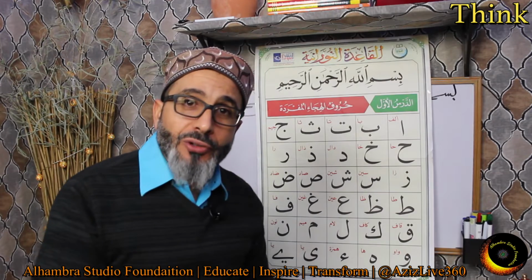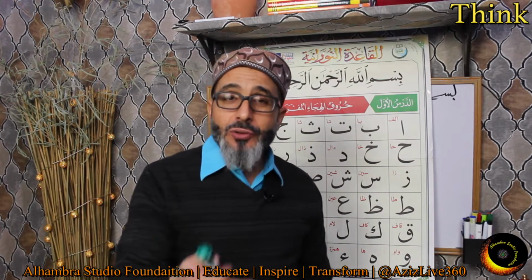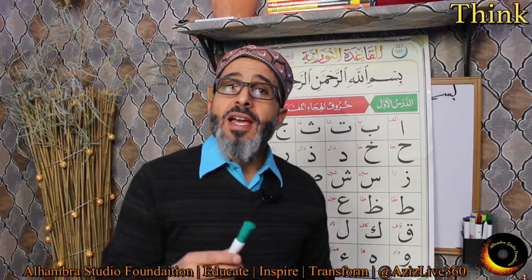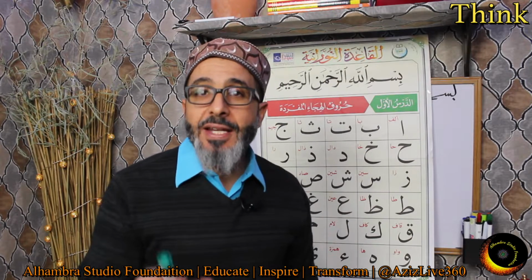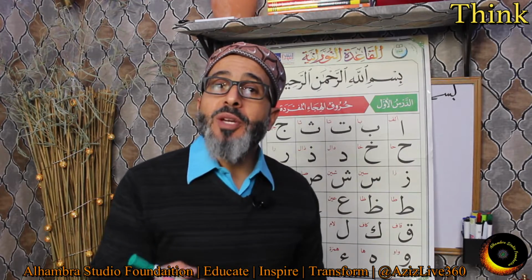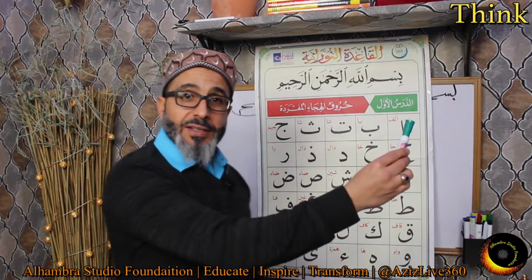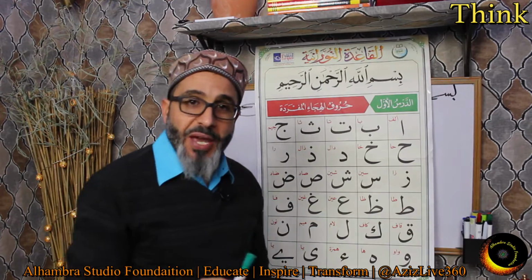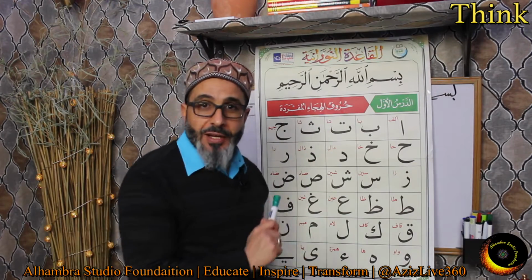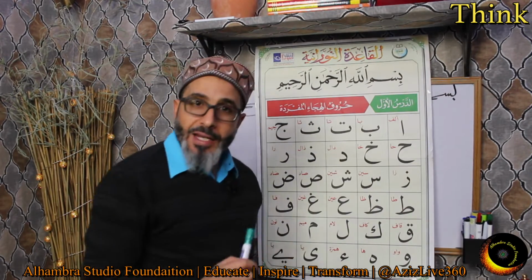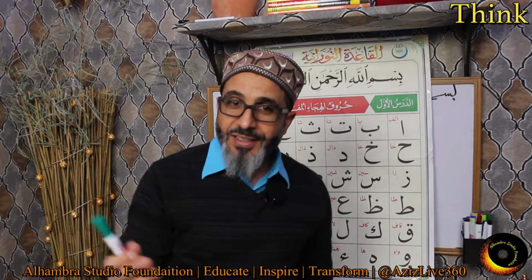To recap on the first class, by now you already know the Arabic alphabet has 28 letters. Arabic alphabets are written from right to left across the page. The first letter, Alif. It's simple, right?